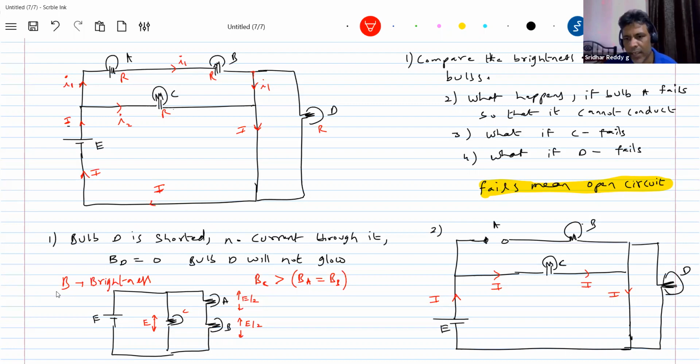Don't go by seeing and predicting the answer. It's a very simple circuit, you can do it. So what is I equal to? I equals E by R. So all the voltage will drop across this one. Let R be the resistance of each bulb. So there is no current. What is the brightness of bulbs B and D? It will be 0.